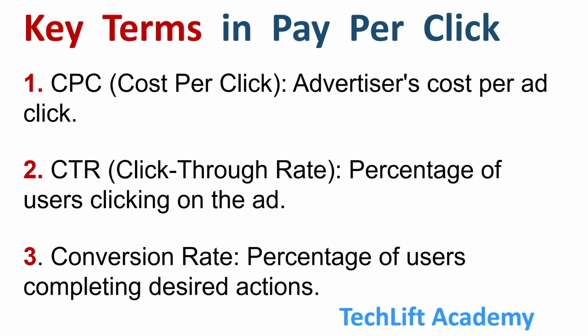Then we have the click-through rate. The click-through rate is simply the percentage of people who click on your ad, especially after seeing it. The moment the ad is on the go and someone clicks on it, they want to check out your products, your services, your page or the website. It depends on what you're driving. Which traffic do you want? Do you want to make sales?